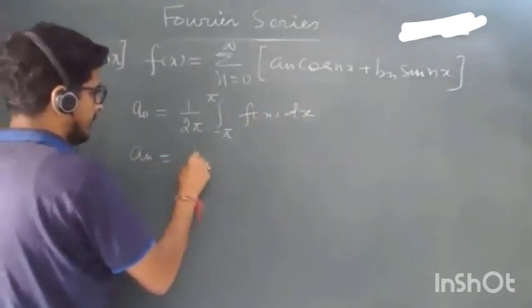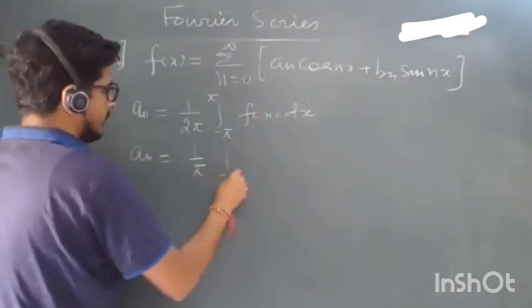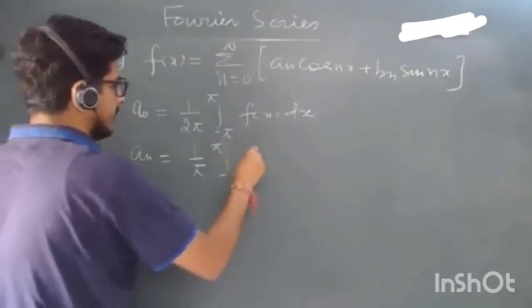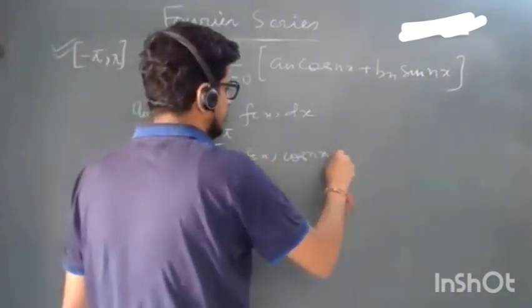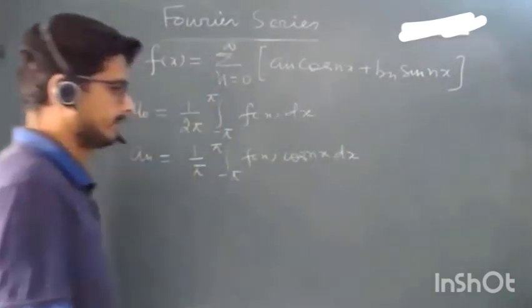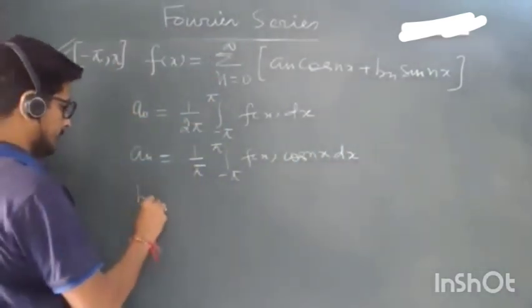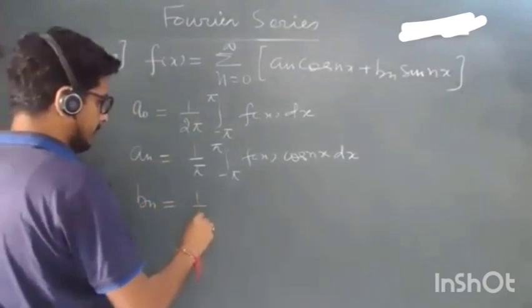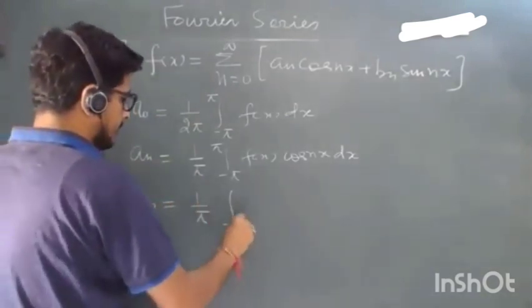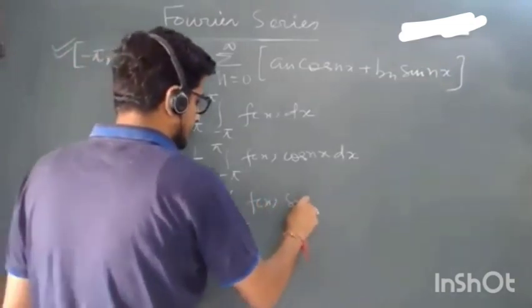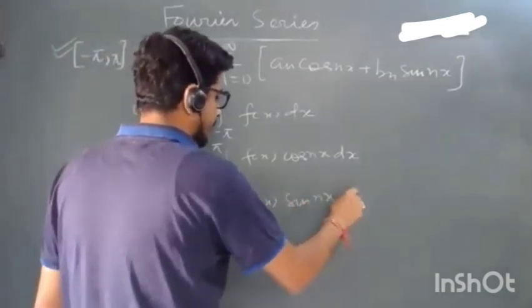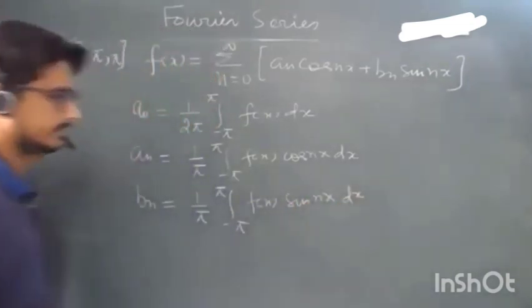An will become 1 by pi, minus pi to pi f(x) cos nx dx, and bn will become 1 by pi, minus pi to pi f(x) sine of nx dx.